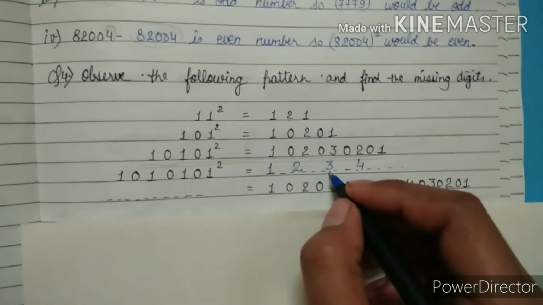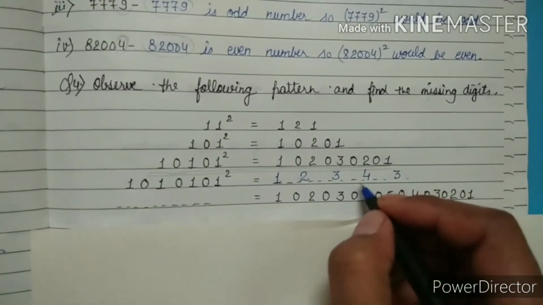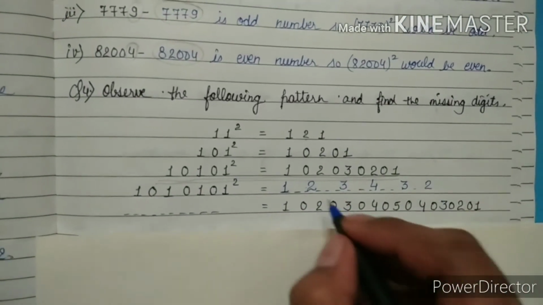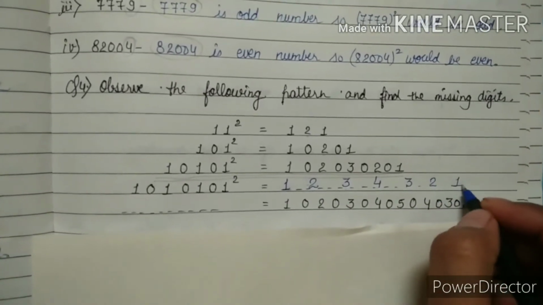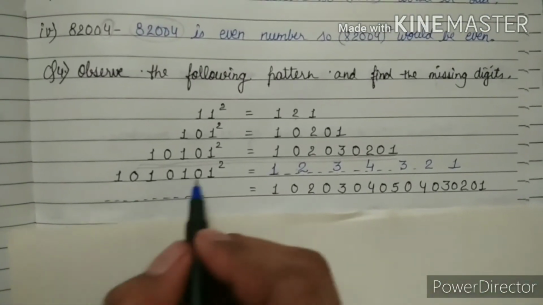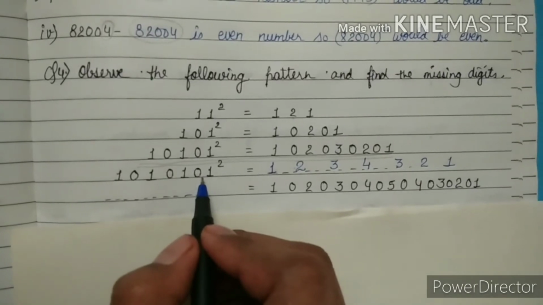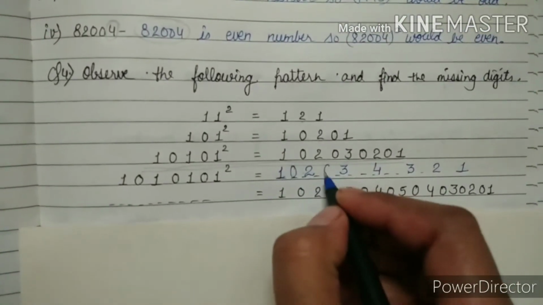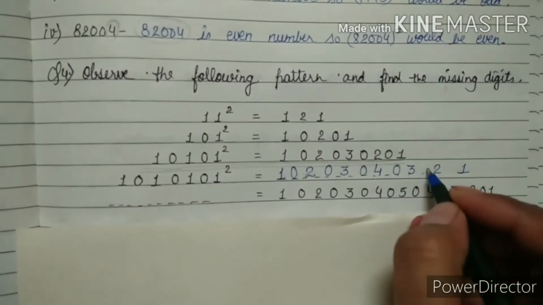Before 4 comes 3, before 3 comes 2, before 2 comes 1. And in between every number, only 1 time 0. So we put 1 time 0 in between all the numbers.